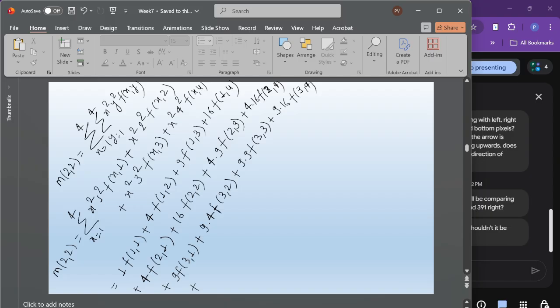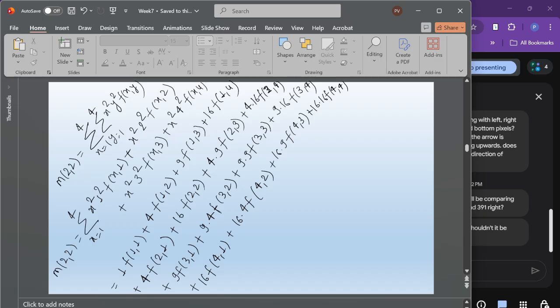Now for x is equal to 4: 16 f41 plus 16 into 4 f42 plus 16 into 9 f43 plus 16 into 16 f44.